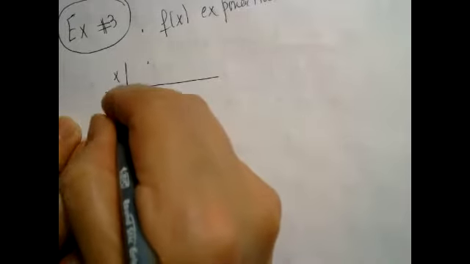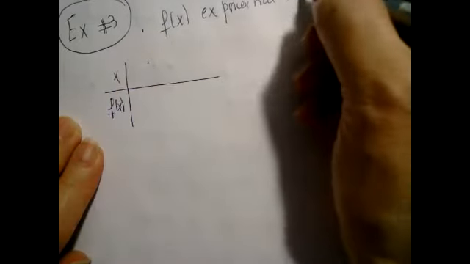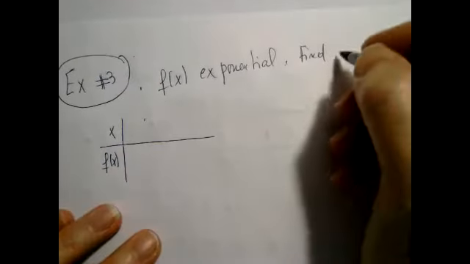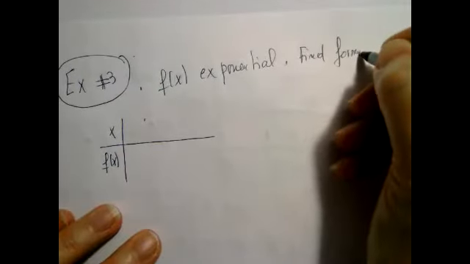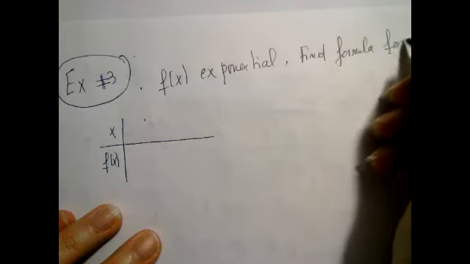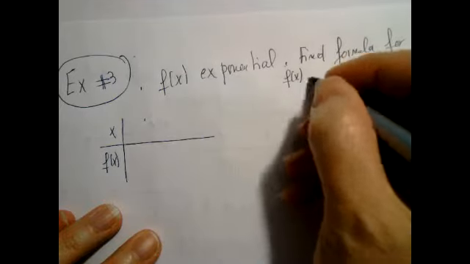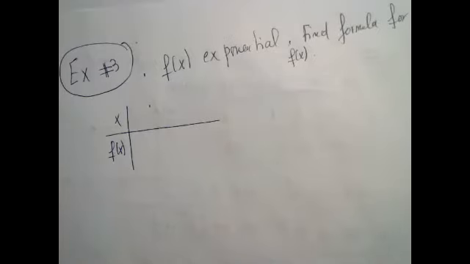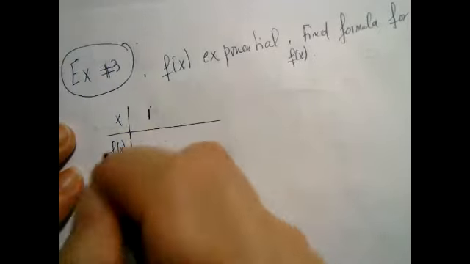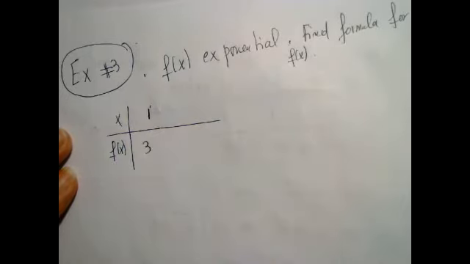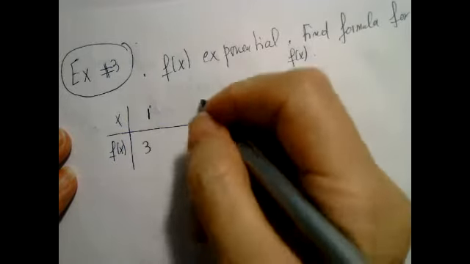Find a formula for f. So I'm going to give you a bunch of data. I tell you f takes 1 to 3. So I don't give you 0, and it's taking 3 to 12.